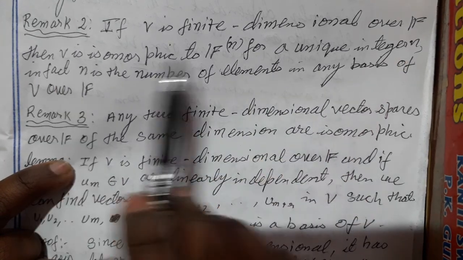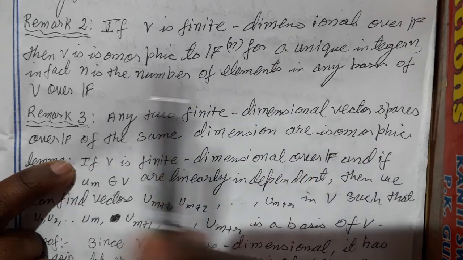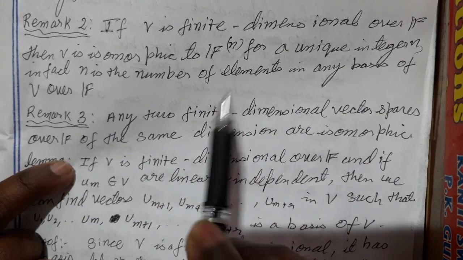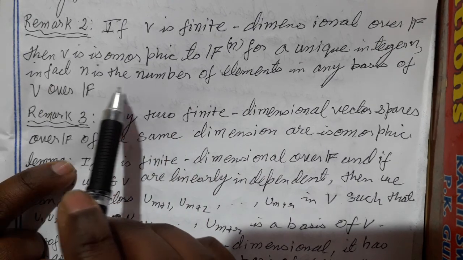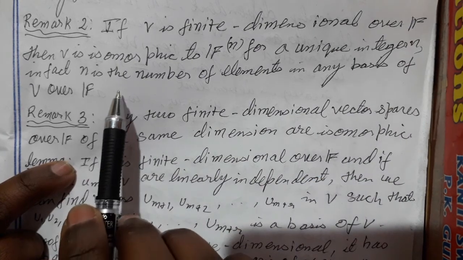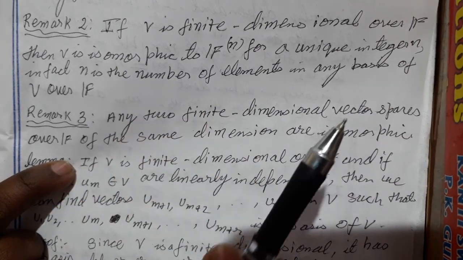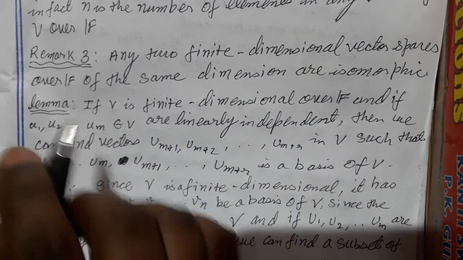So V will be isomorphic to F^n only for a unique integer. It is not that for any integer n it will be isomorphic; only for a specific n. In fact, that n is the number of elements in any basis of V over F.